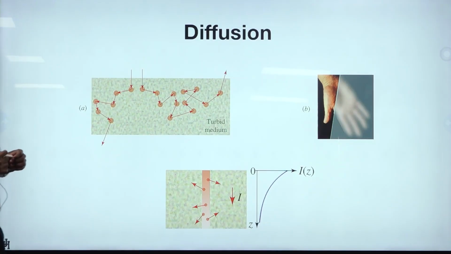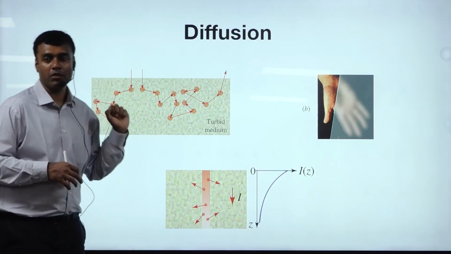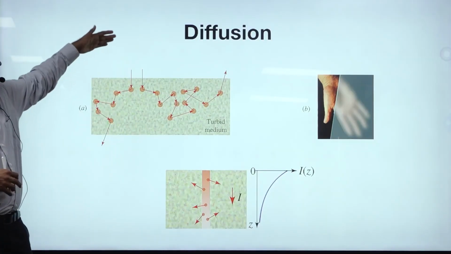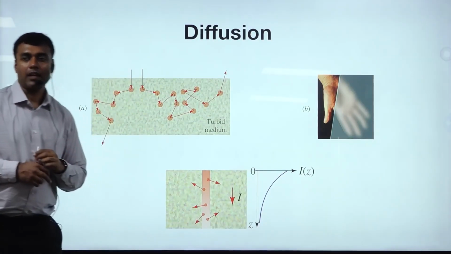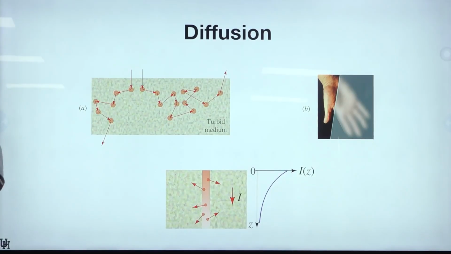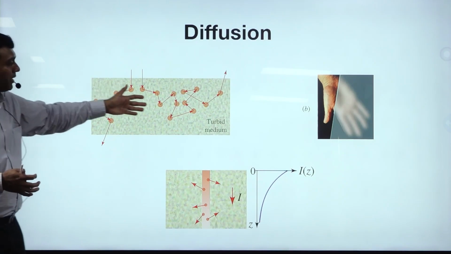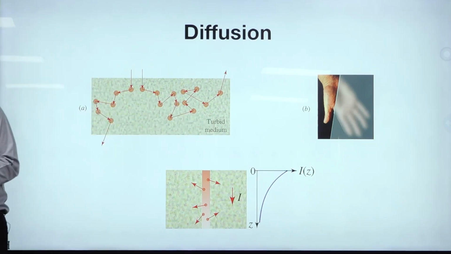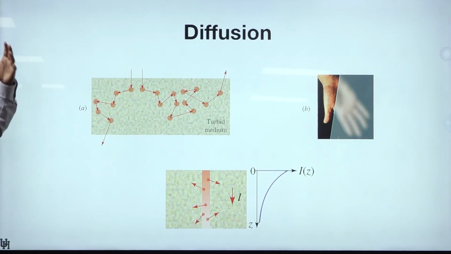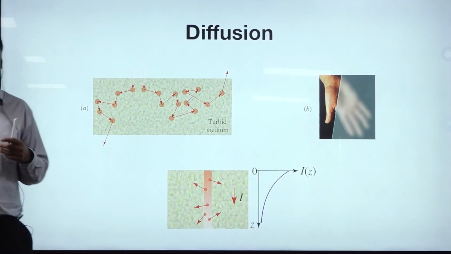So when I talked about scattering, I told you about the Born approximation, where you have scattering of light. If you have a relatively dense medium, what's called a turbid medium, unlike the atmosphere, which has less density, think of solids, liquids, and gases.